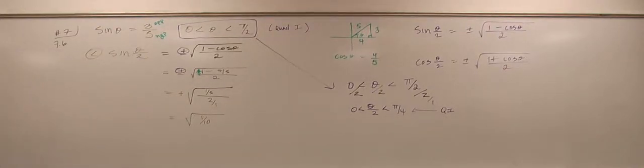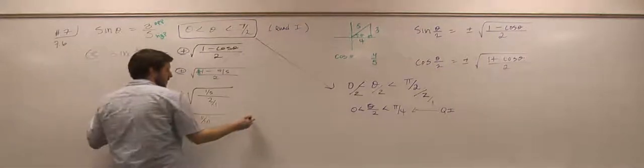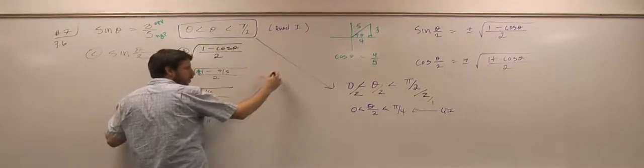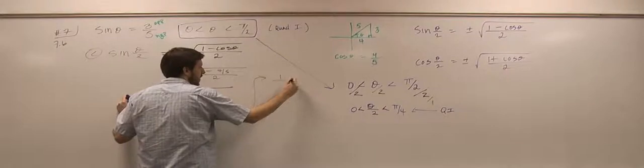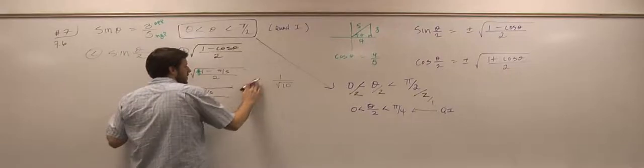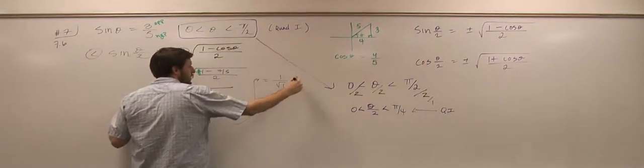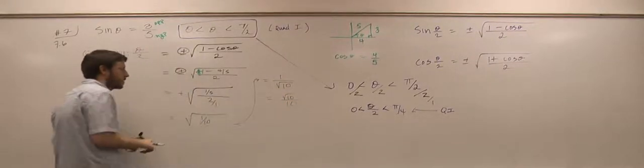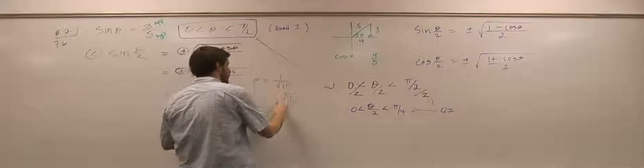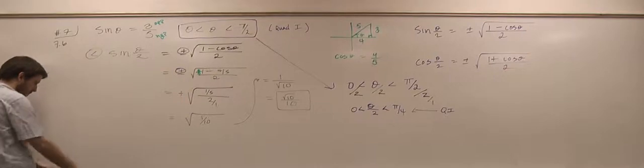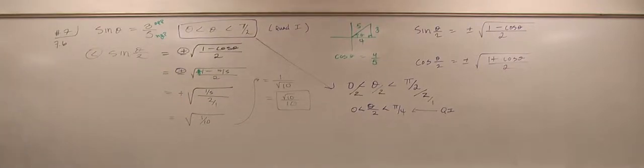The last thing you might want to do here is actually take the square root on top, because you know the square root of 1 is 1. So this is actually 1 over root 10. Or if you rationalize, root 10 over root 10 will make this root 10 over 10. So this might be the answer. This might be what we're looking for. Go ahead and check it. Let me know if it's not. It is.